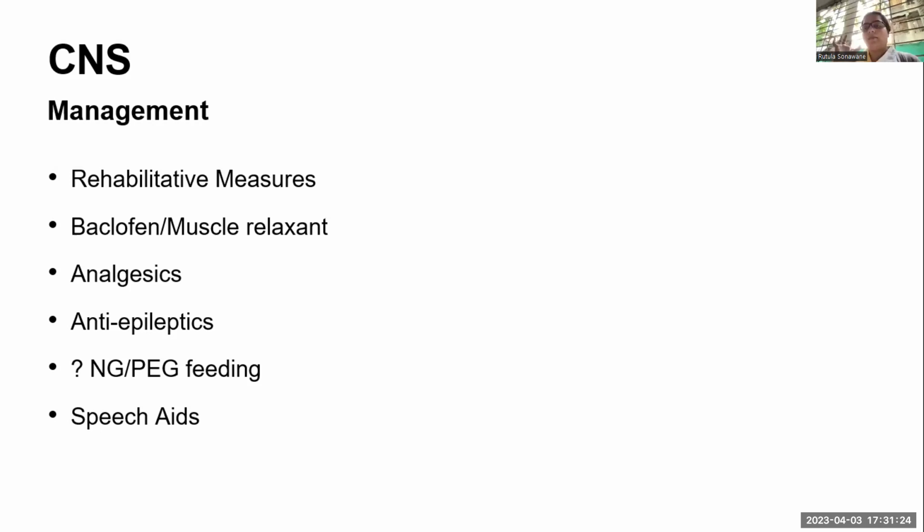Analgesia for the pain overall would be a good thing to start if there is pain in the patient. And by analgesics, I don't just mean NSAIDs or paracetamol. I mean opioids as well. So if you feel that the pain would be better relieved with an opioid, please feel free to prescribe an opioid, and don't be stuck in the thought that it is only for cancer pain.